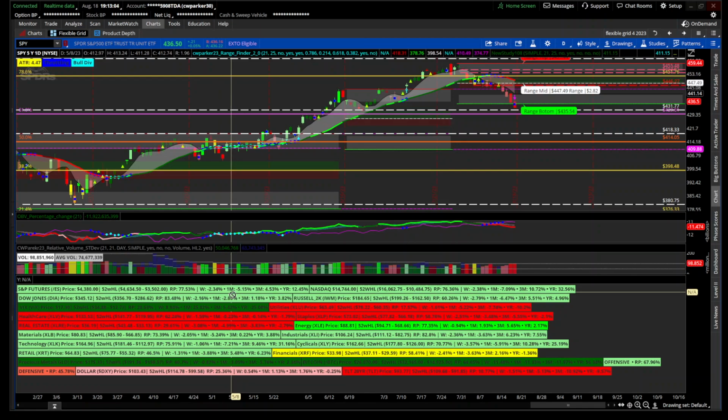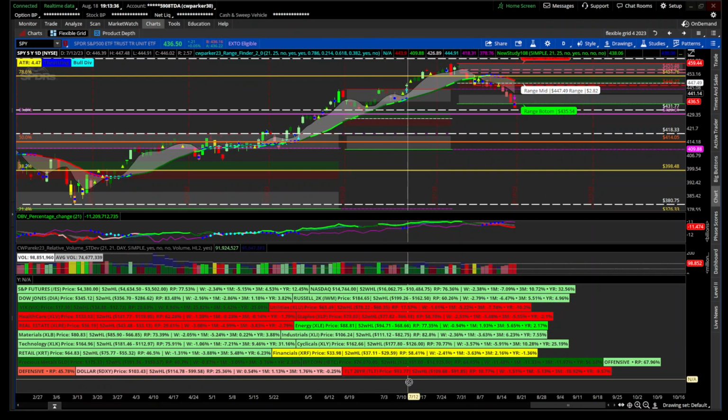And you can see for the change for the year, the S&P 500 E-mini is up 12.45% for the year. Its 3-month average, or its quarterly average, is up 4.53%, and its 1 month is down 5.15%, and for this week from its open it's down 2.34%.